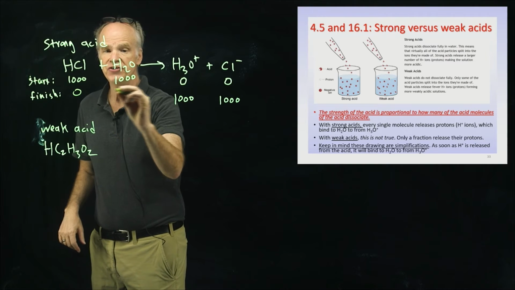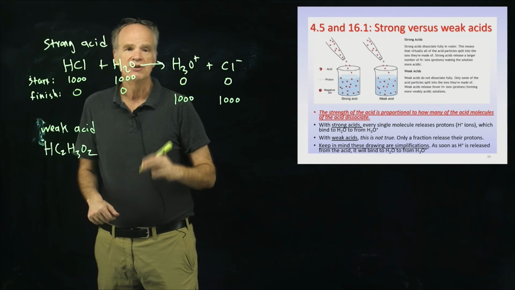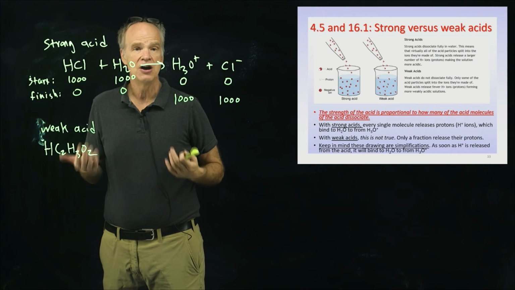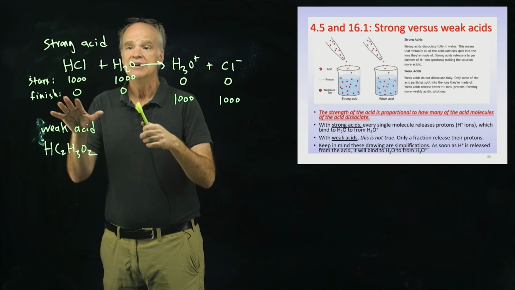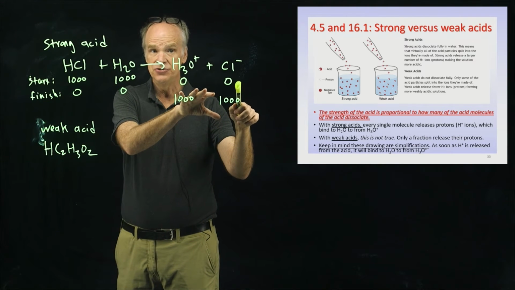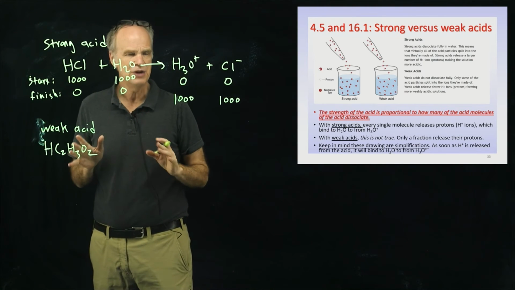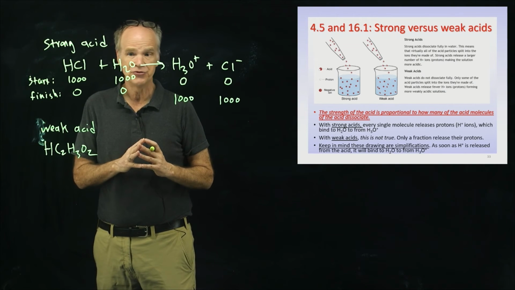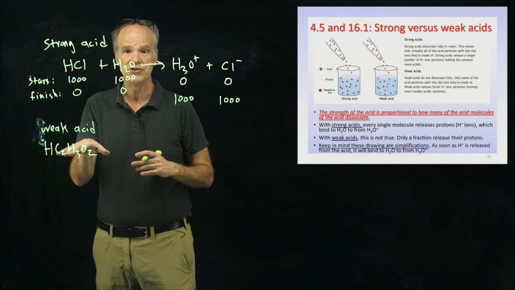No, so these are at 0. Okay, so the reason why we write a single arrow to the right here for a strong acid is because you can see that all of the reactants are going to be changed into products. Now the weak acid is a little bit different. So let me go ahead and do a similar analysis for this weak acid, which is acetic acid.